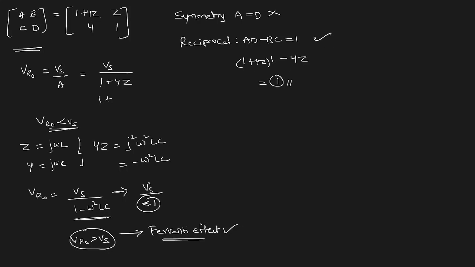Therefore it is reciprocal. Therefore, the receiving end capacitor model is reciprocal but not symmetric. Right. And we can also see the Ferranti effect here, and this is also one of the important points. The ABCD parameters corresponding to the receiving end model are important points which are going to be asked in many PSU exams.